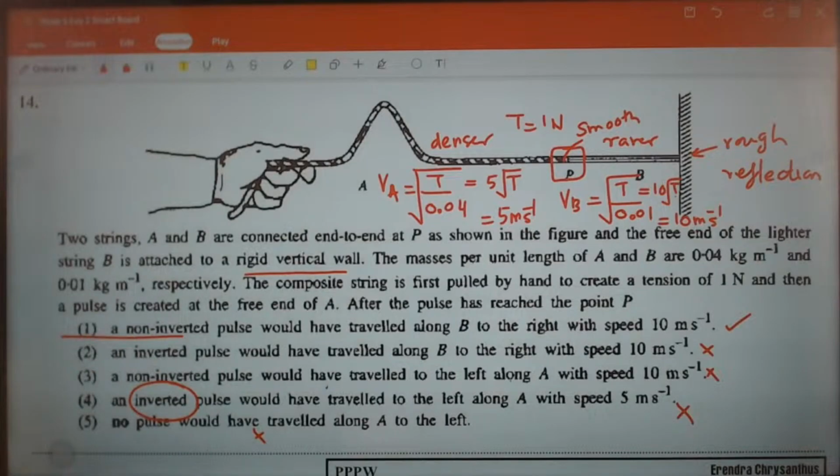Non-inverted pulse. Okay. Write a small sentence.